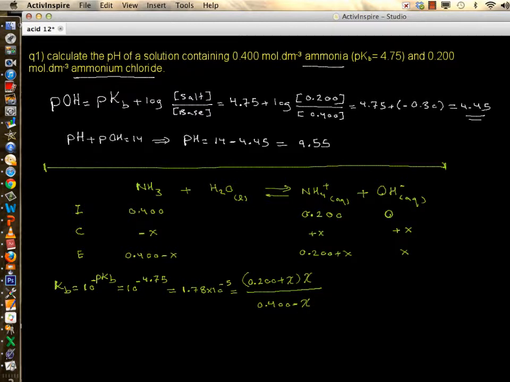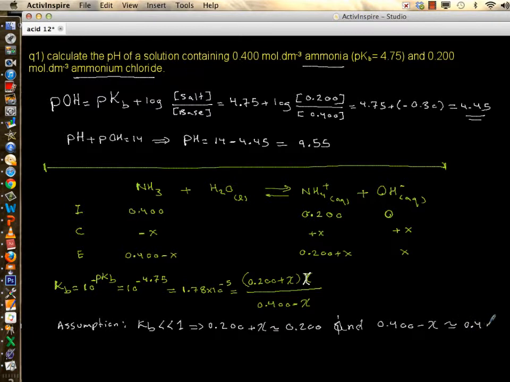Now one of these x we are going to save after the assumption, and that's the one I'm going to write in white. The other two go away because we write our assumption for the examiner. Kb is much smaller than 1, therefore 0.2 plus x is almost 0.2, and 0.4 take away x is almost 0.4.